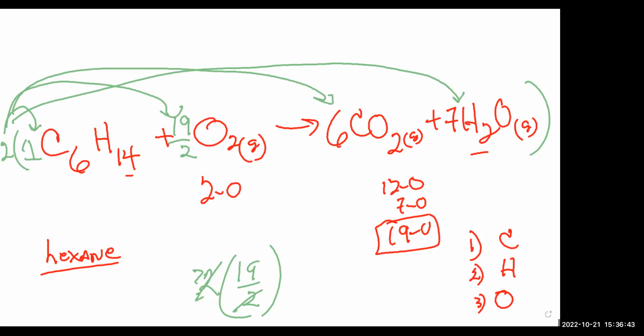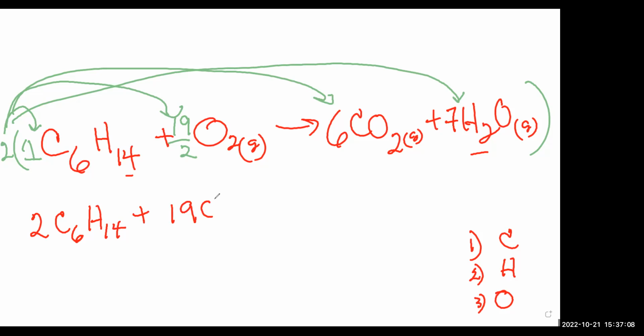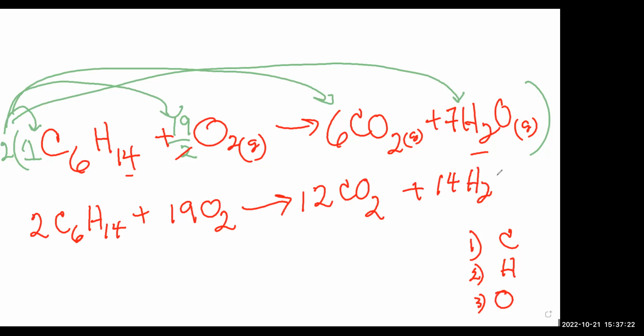All right, and so what that does, let me get rid of this junk, is I get 2 hexanes plus 19 oxygens, okay, because the 2's cancel out, right? And 12 carbon dioxides and 14 waters.